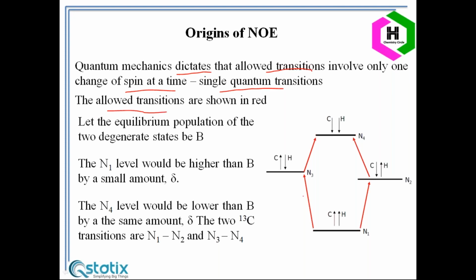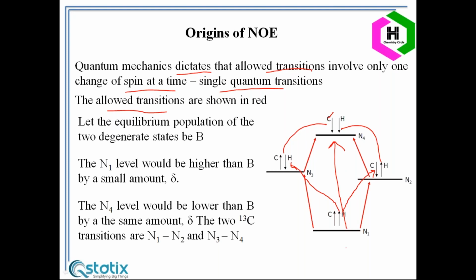From here to here, only one spin changes its state. From here to here also, only one changes, that is carbon. And here to here, the carbon spin state is changed. From here to here, hydrogen has changed its spin state. But from here to here, both carbon and hydrogen spins are changed.